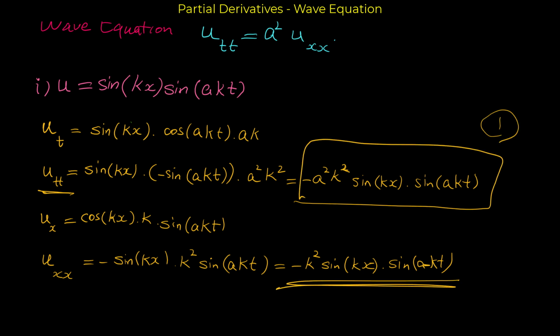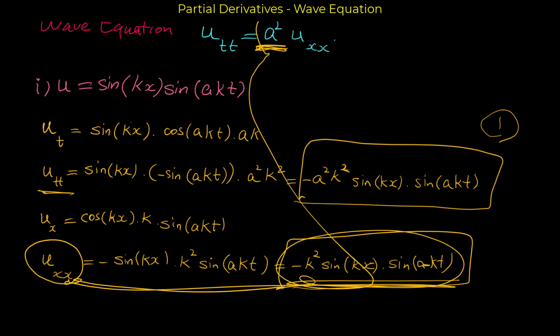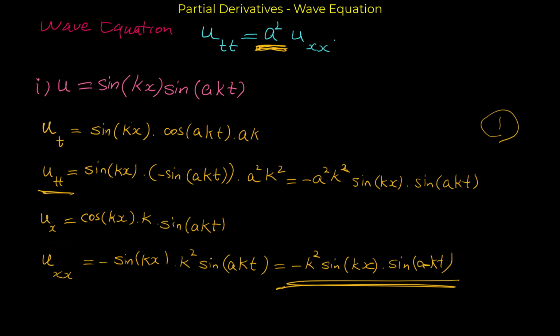If we multiply this uxx by a to the 2, which we have here, we have a to the 2 here also, and it's exactly equal to that. So we prove that the left side and the right side are equal. Let me do it here to finish the solution.